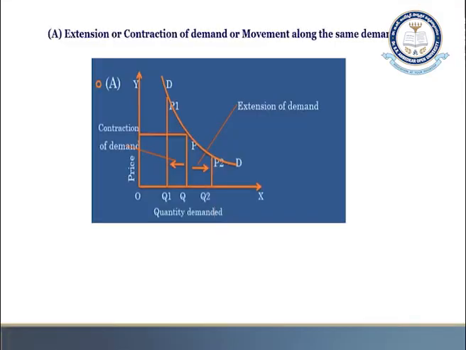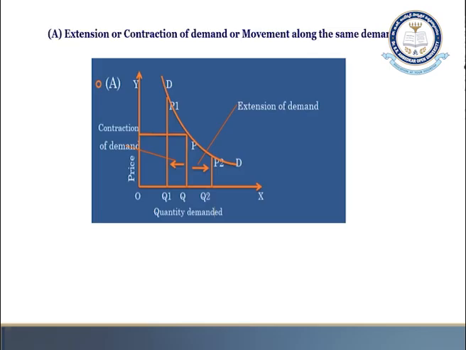If you look graphically on your screens, you can have a look at what is extension and contraction of the demand. The graph represents the x-axis on which quantity demanded is given and the y-axis on which price is represented. If we are talking about how demand is changing along the same demand curve, then we are talking about extension or contraction of demand.